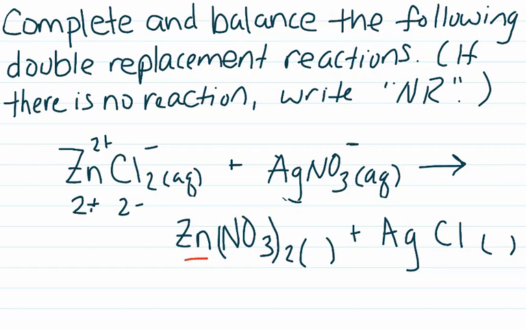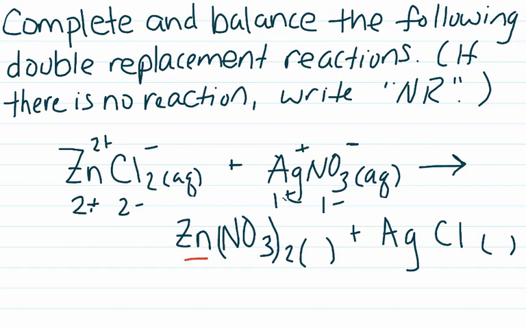We know nitrate has a -1 charge. There's just one, so the total negative charge in this compound is -1, so the total positive charge has to be +1 to cancel that out, which gives silver a +1 charge. Chlorine has a -1 charge, and so silver chloride is just AgCl.